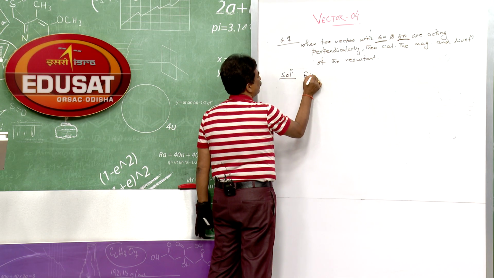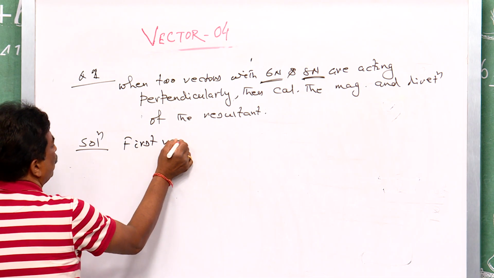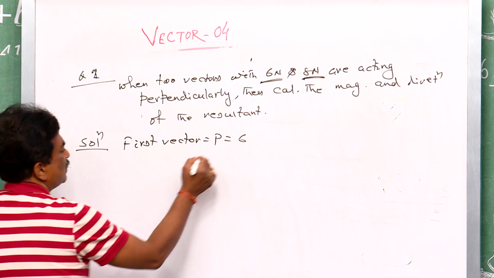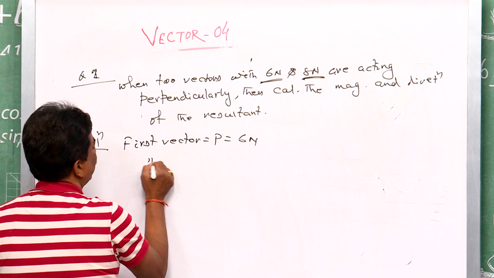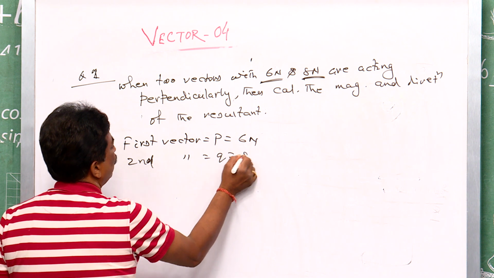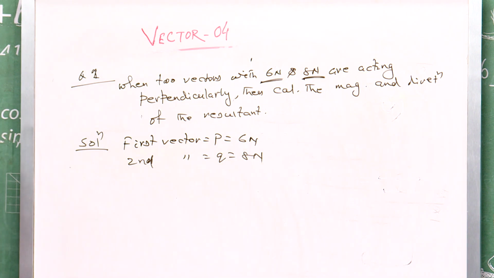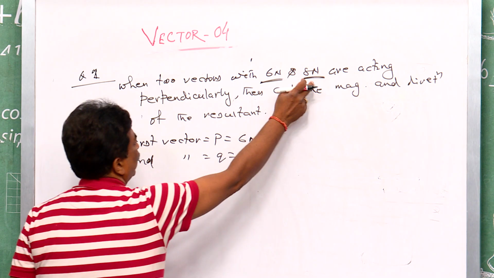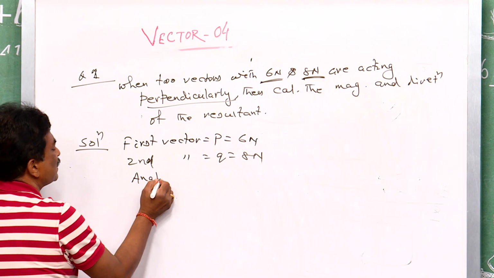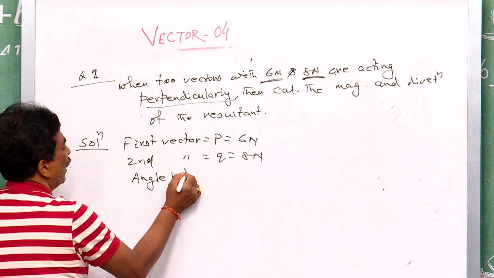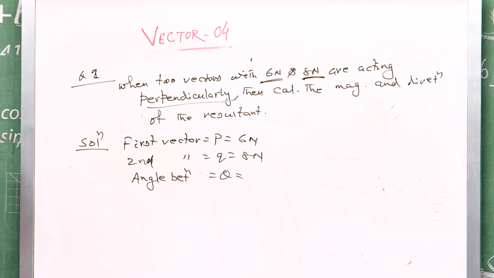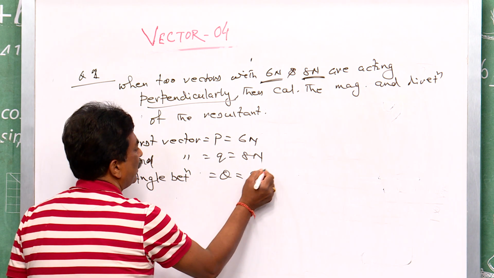So the first vector, let us take p, is 6 Newton, and the second vector q is equal to 8 Newton. When the two vectors are perpendicular to each other, the angle between them, the symbol we have taken is theta, so theta is equal to 90 degrees.